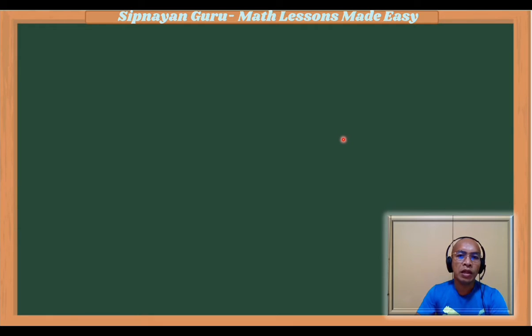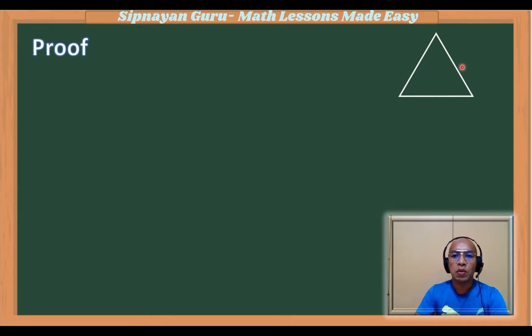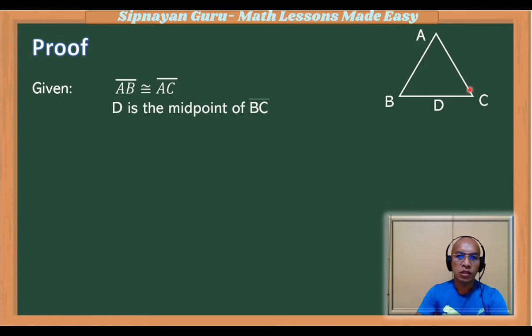Now let us illustrate that two triangles are congruent using the postulates. Suppose we have this triangle ABC and we have another point here, which is point D. The first given statement is that side AB is congruent to side AC. Another statement: D is the midpoint of BC.